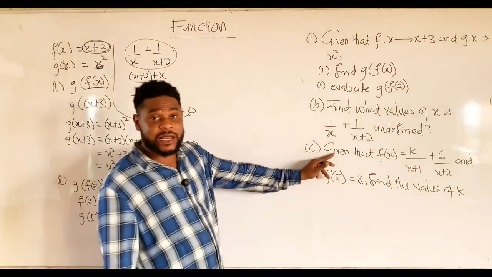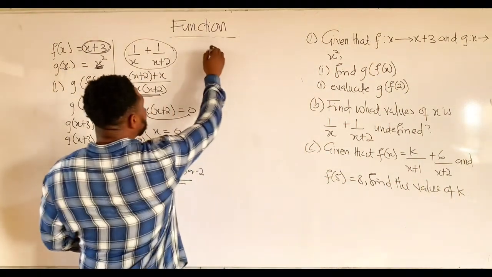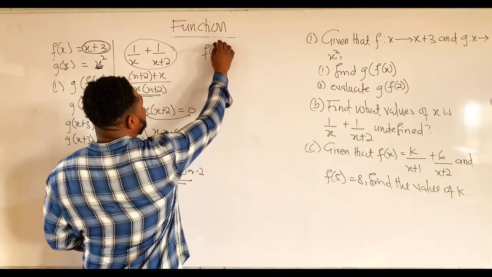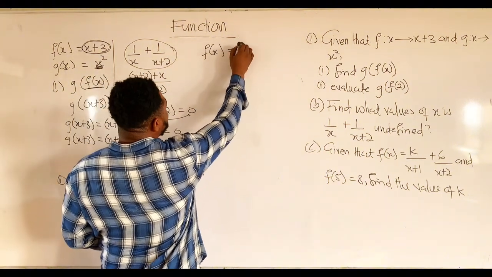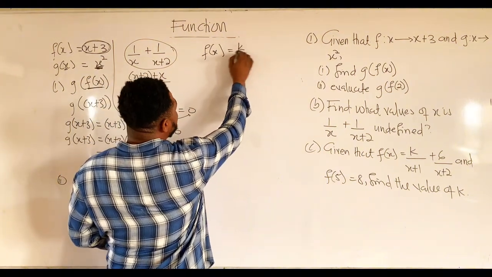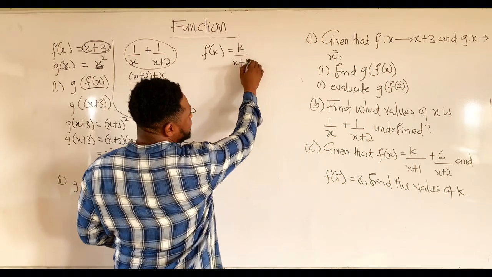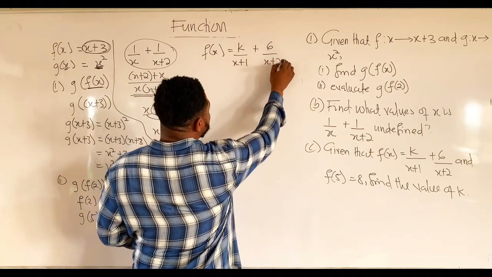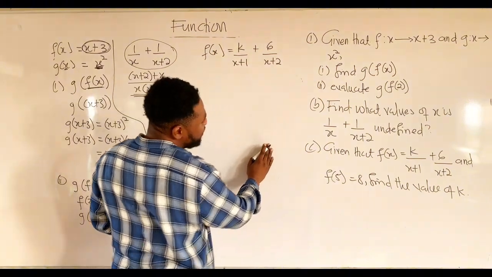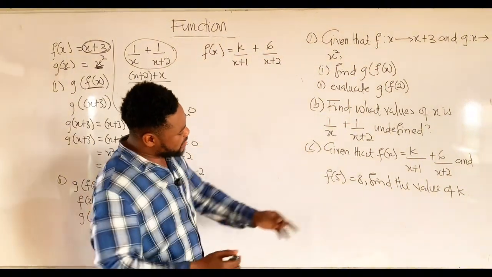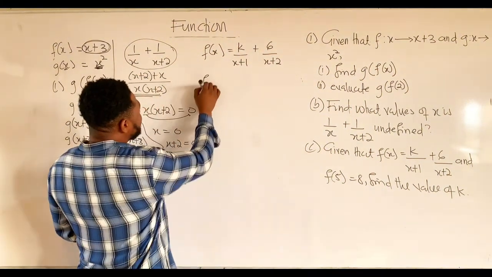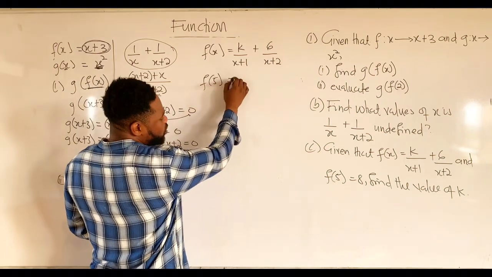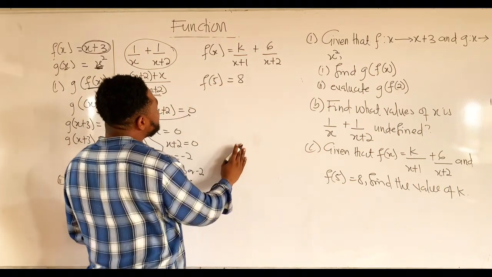Let us look at the last part here, where we have f of x equal to k over x plus 1 plus 6 over x plus 2. Now what are we looking for? We have been told that f of 5 should be equal to 8. Now it's simple.